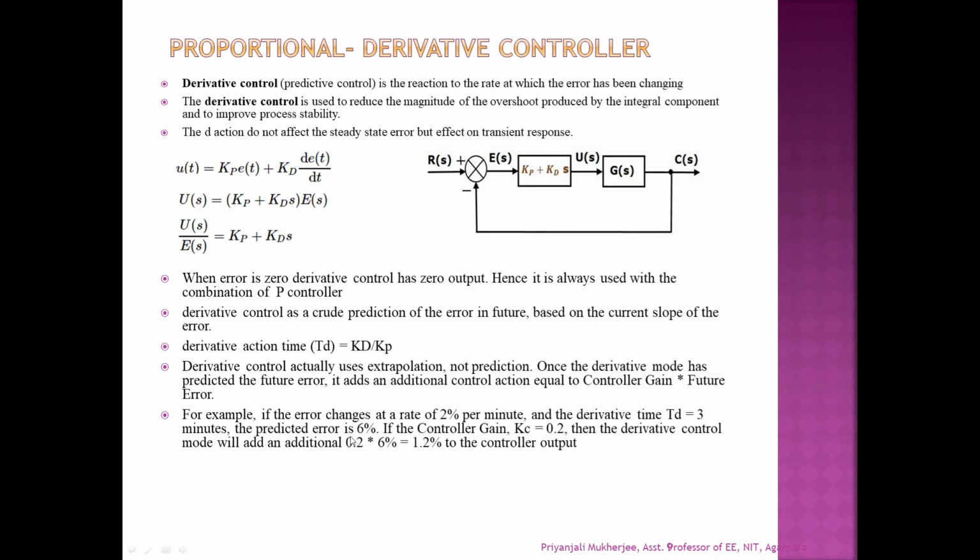And the predicted error is 6%. The controller gain is considered as 0.2. Then this derivative control mode will add an additional 0.2 into 6%, that is 1.2%, to the controller output. As it can predict, hence this action is also known as the predictive control.